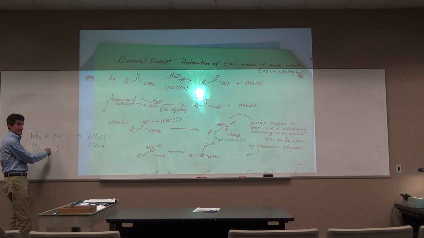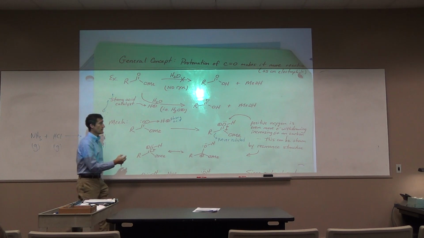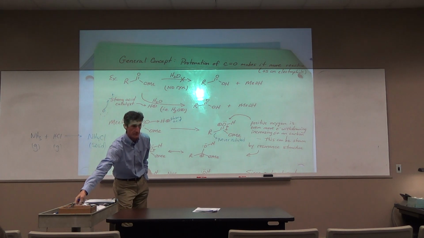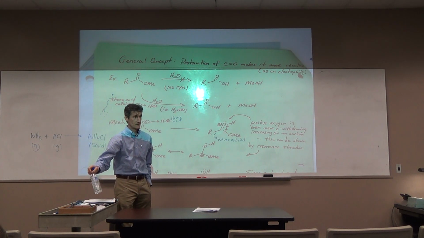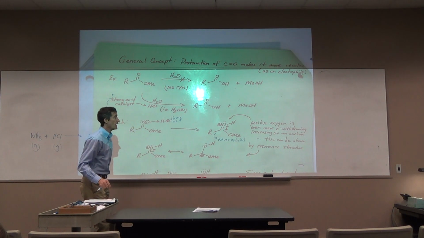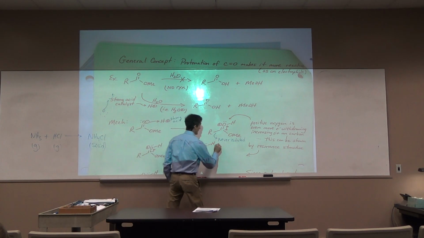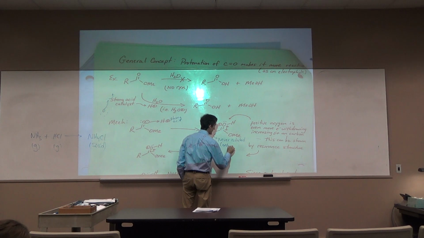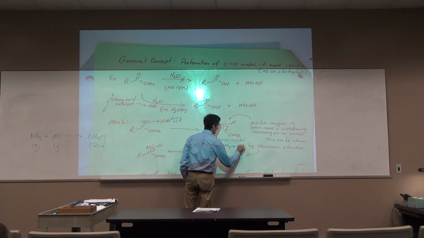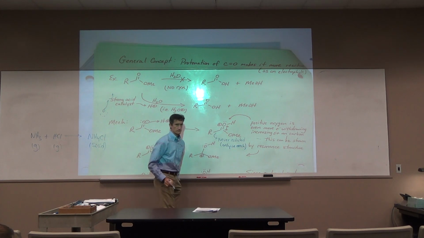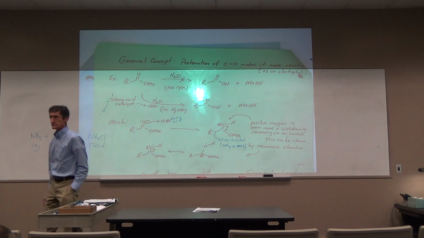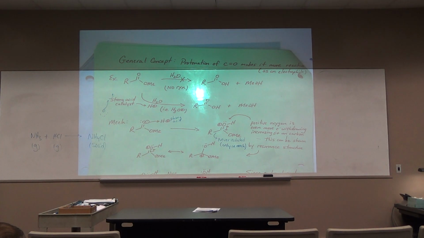Because it ain't one of these gases. I'm never going to come in here and say, hey, I've got a protonated carbonyl here. This is only going to be seen in mechanisms. It's terrible equilibrium, actually, especially if you're in an aqueous environment.